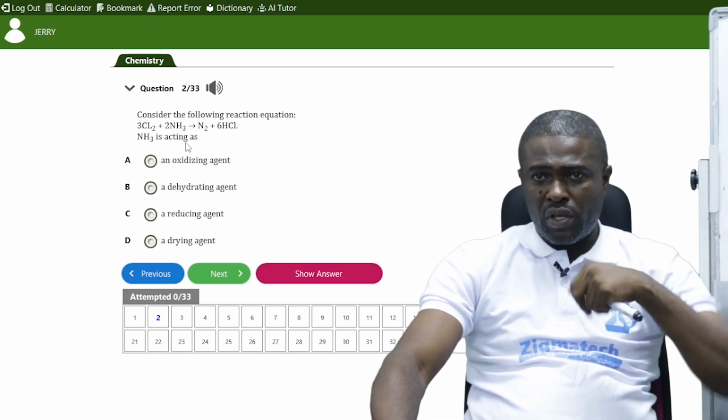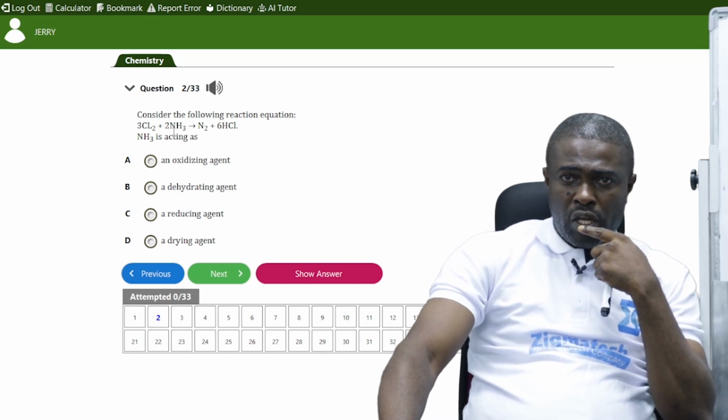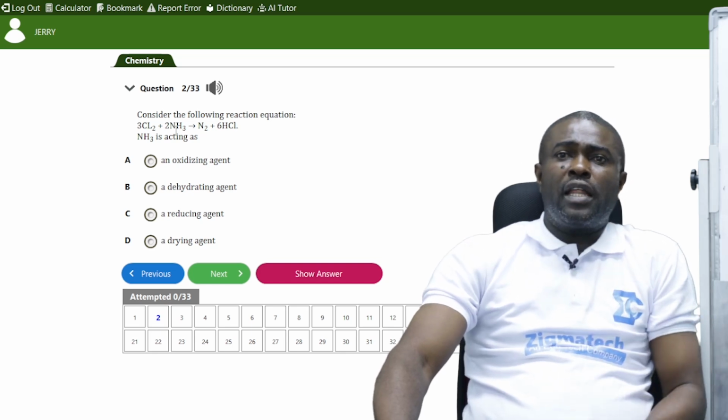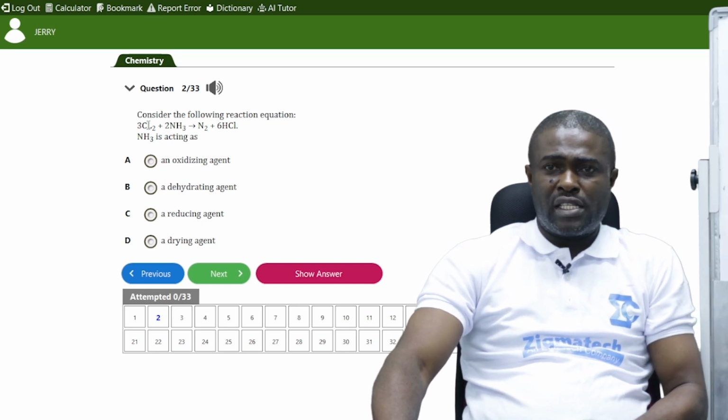Now look at the reaction. Chlorine itself here moved from chlorine 0, a neutral atom, to hydrochloric acid, which has a -1. Can you see that? So in here, ammonia is a reducing agent, while chlorine is an oxidizing agent.